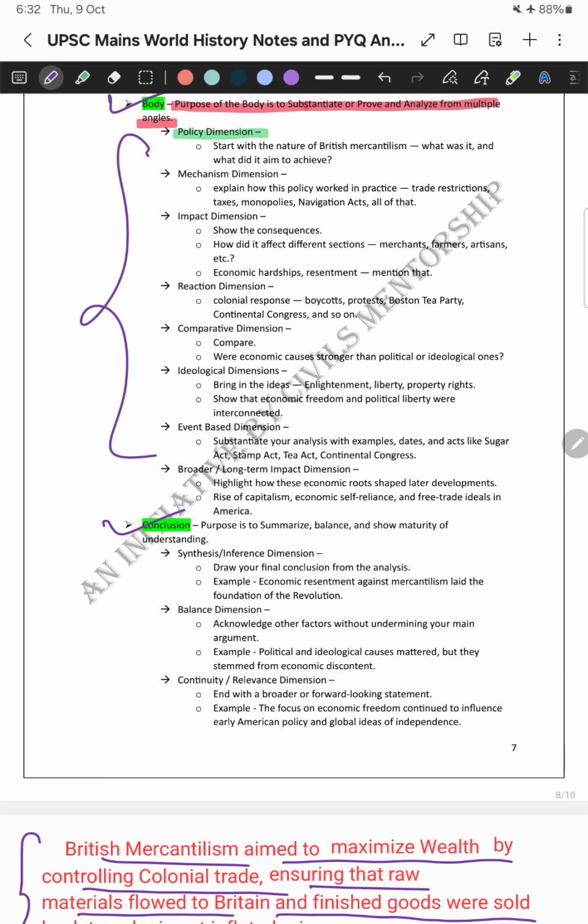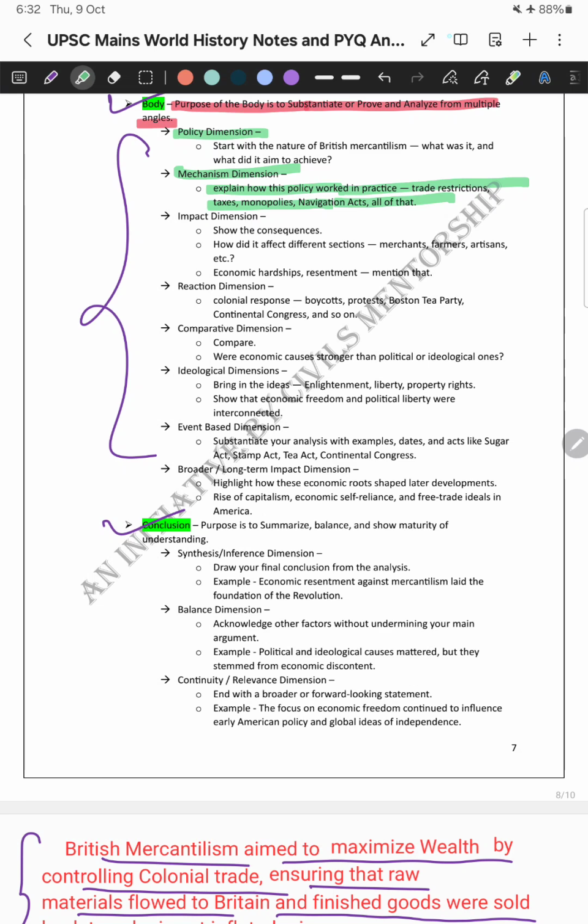Now next comes the mechanism dimension. Now what does this mean? In this particular dimension, you can explain how this policy worked in real practice, like the trade restrictions, taxes, monopolies, the Navigation Acts, all those things.